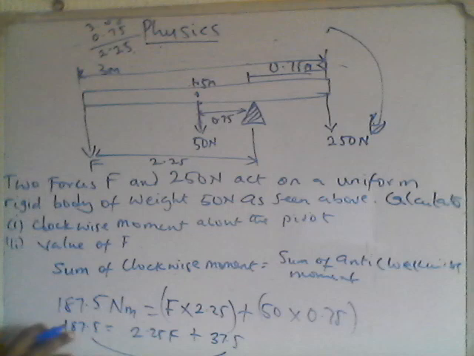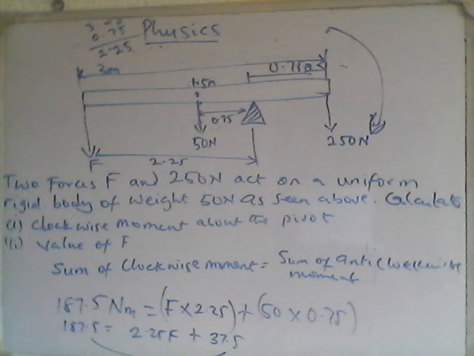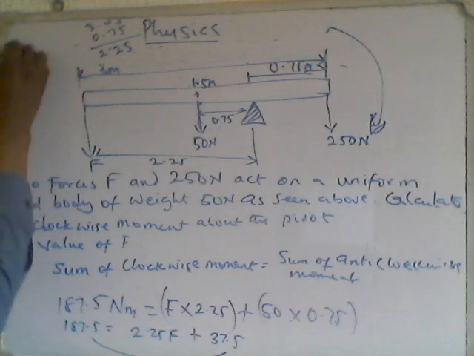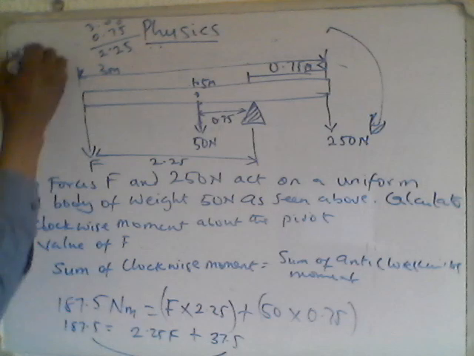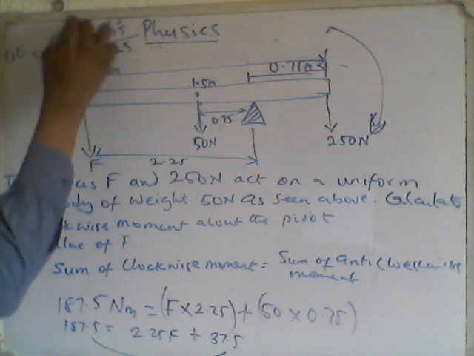187.5 minus 37.5 will give me 150 on this side. Then it equals 2.25F. F is still what we are looking for.